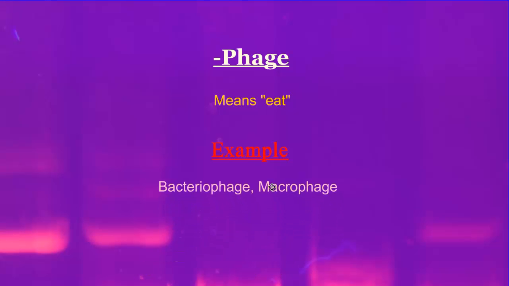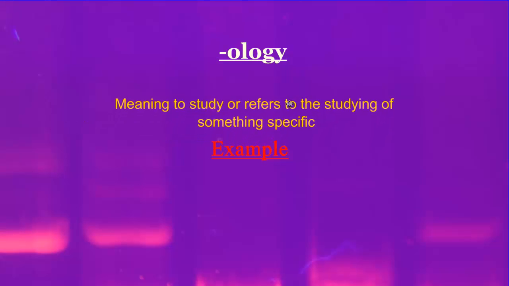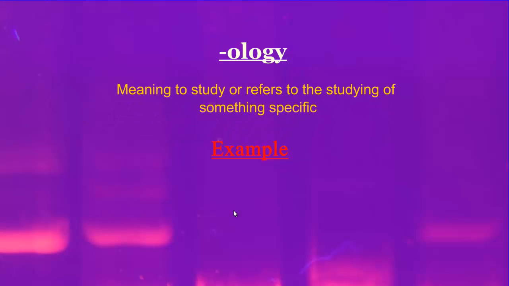Phage is more of an ending or a suffix. It means to eat, referring to eating. An example would be bacteriophage or macrophage. One of the easier suffixes, but very, very important to this class, is ology. Ology refers to or means the study, or the studying of something specific.